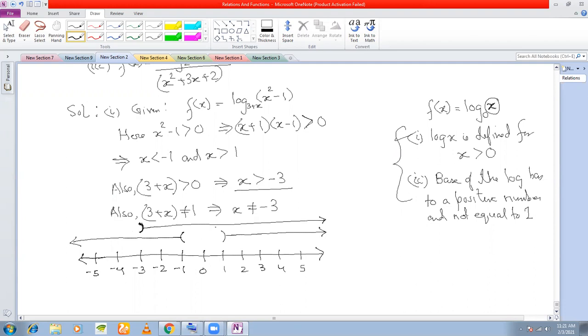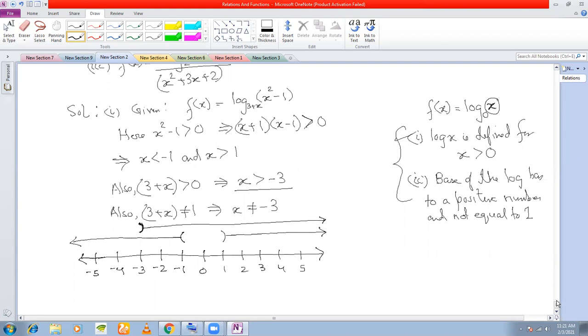Now, of these three regions that I have given you here, which is the common region? There is no common region though.